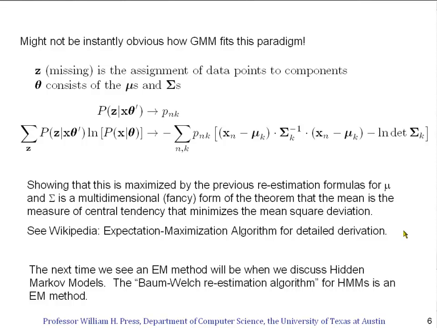If I knew A, whatever A is, then I would know B. Oh, but if I knew B, then I would know A. And in cases like that, you can often figure out that what you've got is an expectation maximization problem, and you can rely on the EM theorem to prove the convergence of an iterative method where you go back and forth between the A's and the B's.